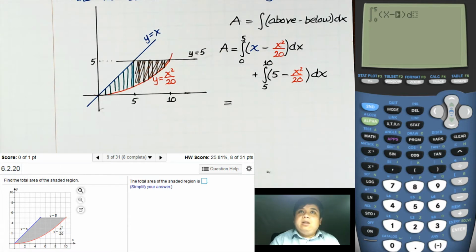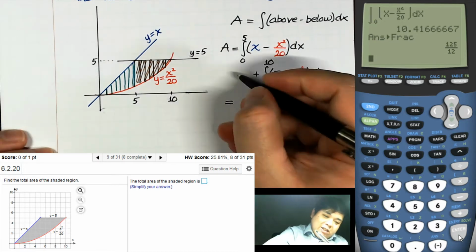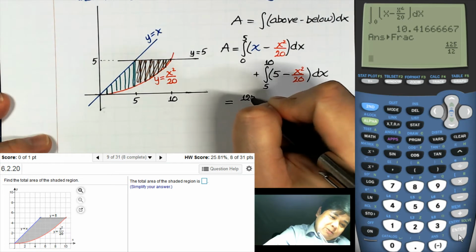X minus, alpha, zoom, fraction, x squared, divided by 20, dx. Can I get a fraction? Yeah, 125 over 12.